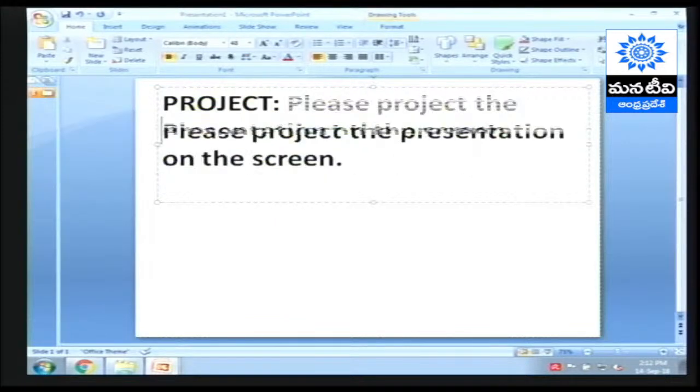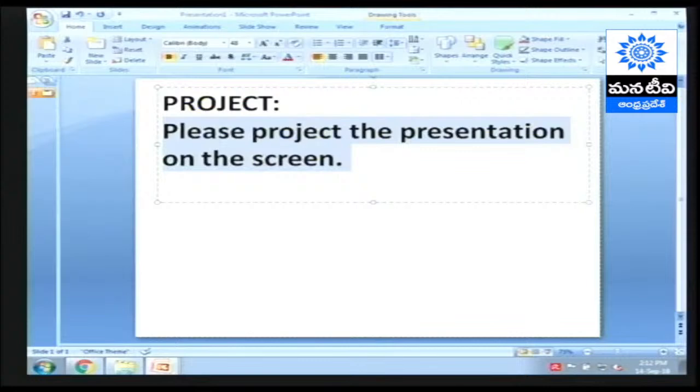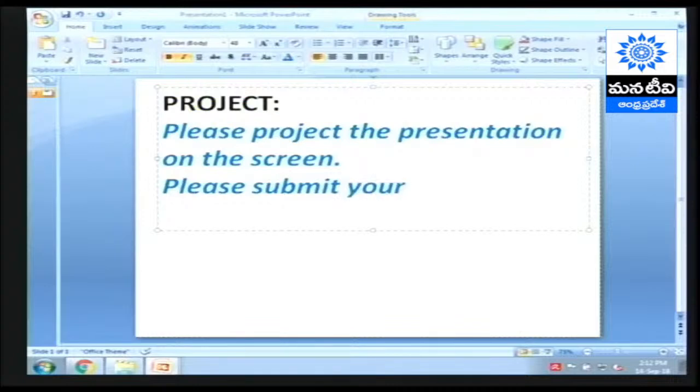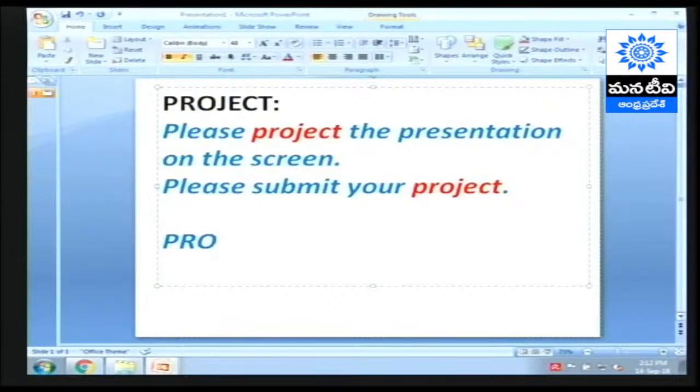I can either use this particular sentence. Let me change the color so that you can understand that this is an example. Or I can say, please... Now this particular word is common between both the sentences, right? This is what we are talking about. Now, when I'm using the first sentence, I'm supposed to pronounce this with a stress where I say project.